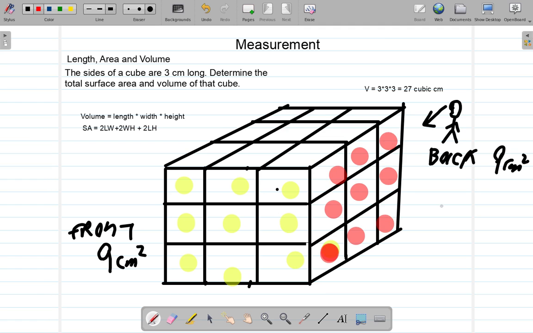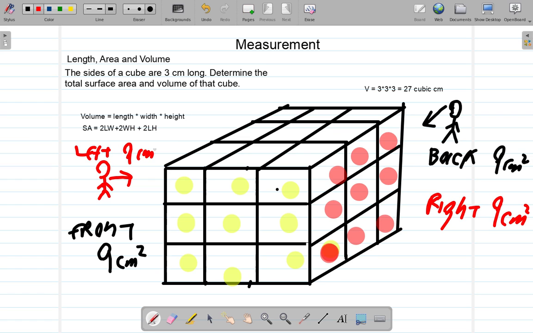We have on the right, 9 centimeters squared. Now if you come over here and you look this way, you would also see 9 centimeters squared, a repeat of what we have over here. So on the left we have 9 centimeters squared.